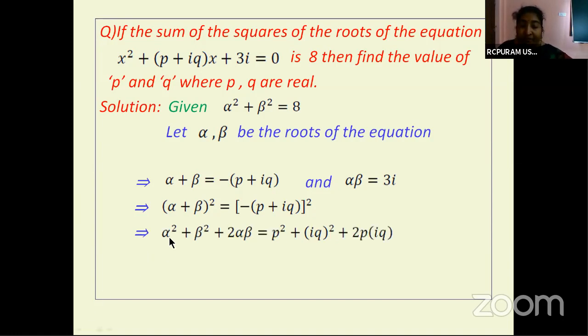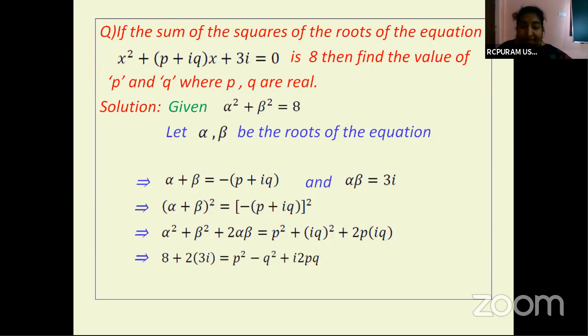Then we have alpha square plus beta square plus 2 alpha beta is equal to, minus square is anyhow plus. Then p plus iq will again be in a plus b whole square form, so p square plus iq whole square plus 2p into iq.